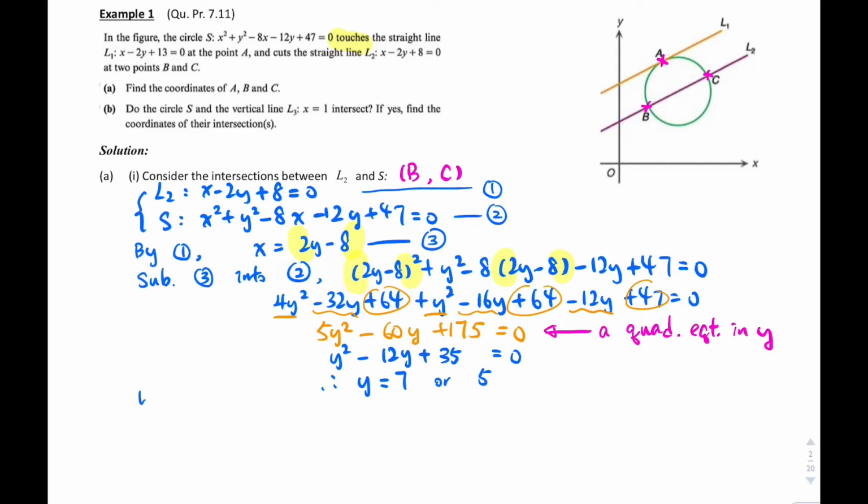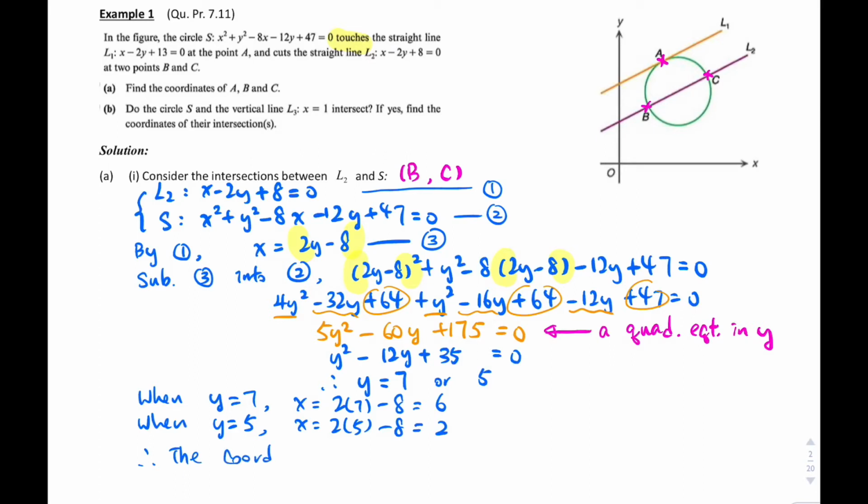So for each of these, you find the corresponding value of x. When y equals 7, by using equation 3, you get 2 times 7 minus 8. So this is 6. And then for the other point, you have x equals 2 times 5 minus 8. So you get 2. From the graph, you can write down the solutions.